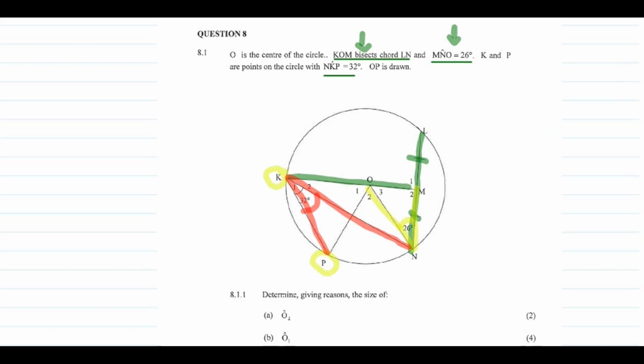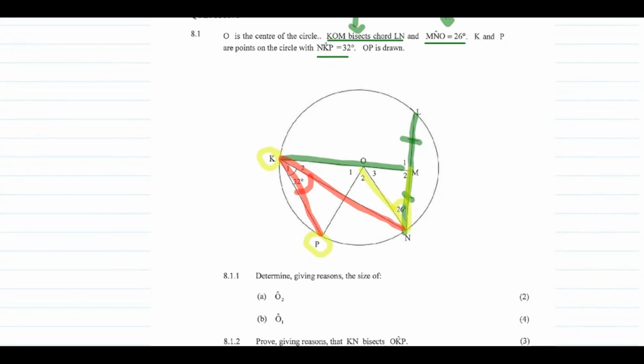So now let's look at the questions. Question 8.1.1 is asking us to determine, giving reasons, the size of our angle O2 as well as O1.